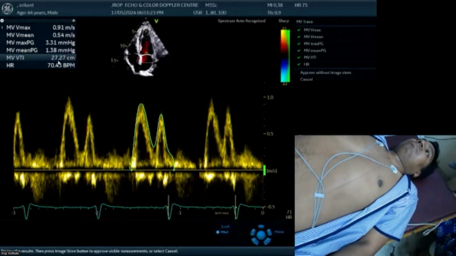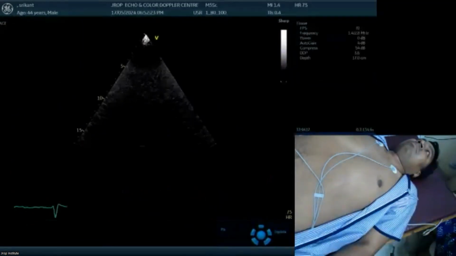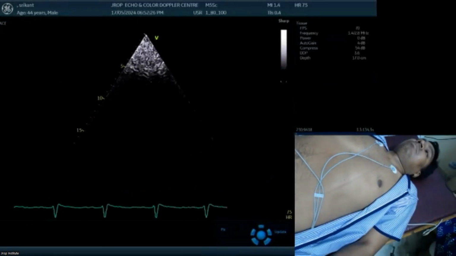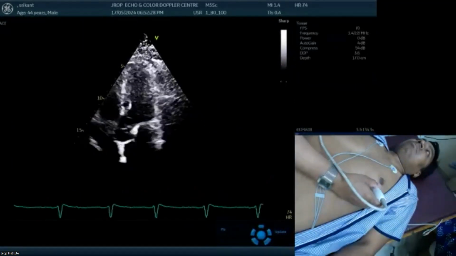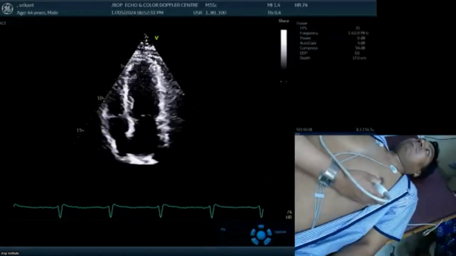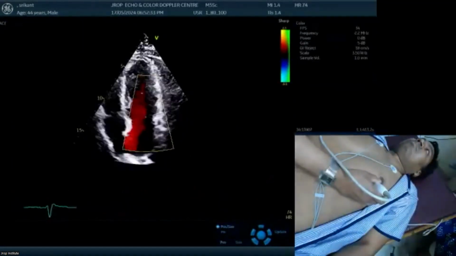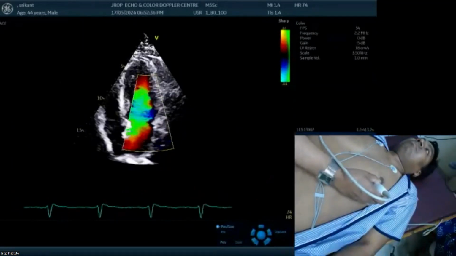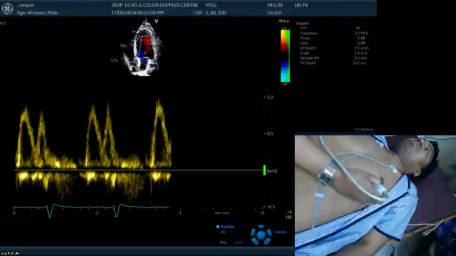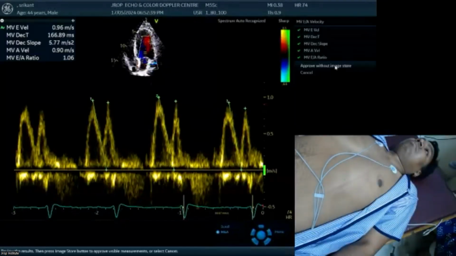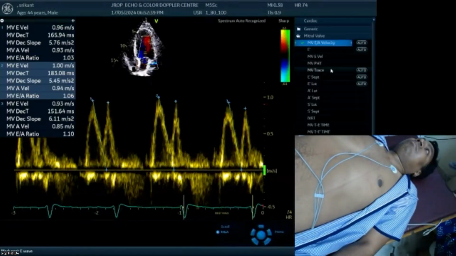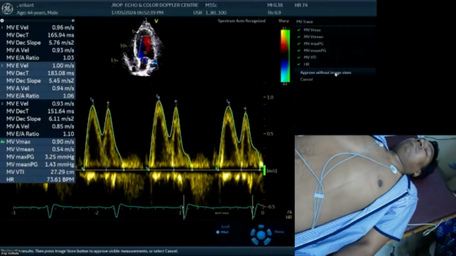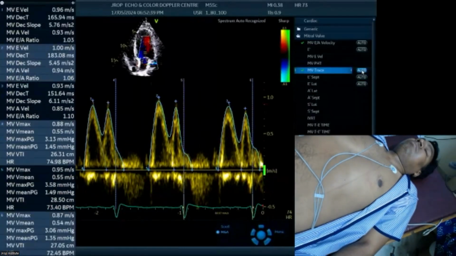Now I'll ask, can anybody tell me, can we calculate a stroke volume from this mitral valve VTI? We have taught you this. This is a theoretical question. So what I'm going to do is, again go to the same thing, go to pulse wave, raise the envelope, mitral valve, E and A ratio.